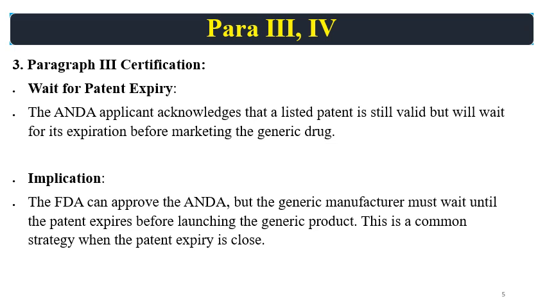So one thing to understand about the para 3 certification is, why does the ANDA applicant wait for the patent expiry? Why is the ANDA applicant not going to file the ANDA after expiry? So what is the main advantage?